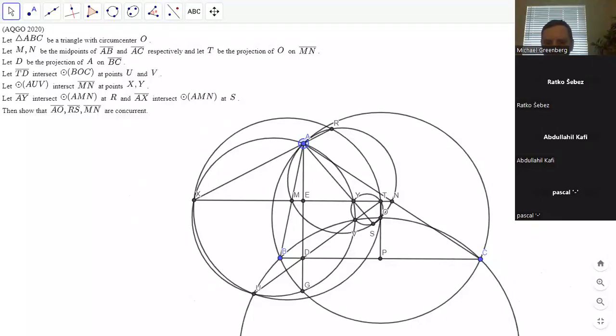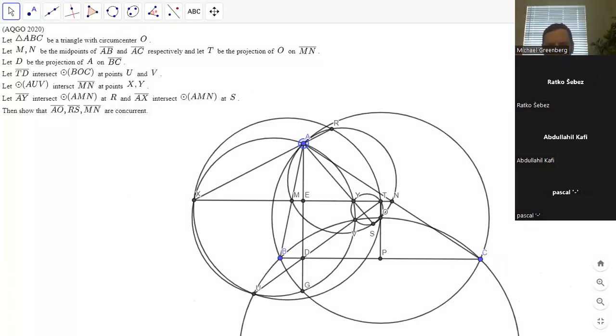But angle YVT is angle UXT, which, I'm trying to see if I can just do an angle chase here.